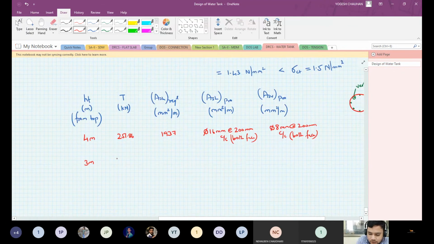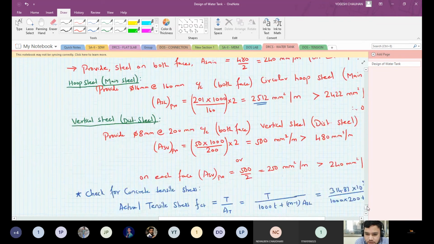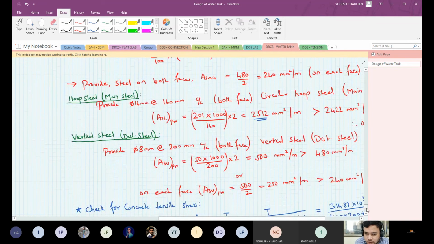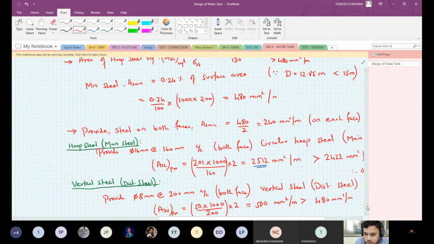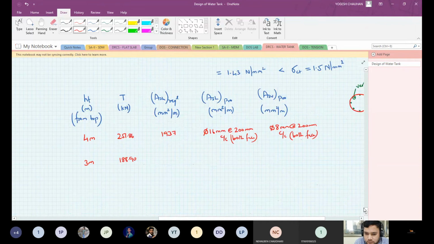So at 3 meter it is 188.90, and the amount of steel you can find from this formula. So this will be 1453.